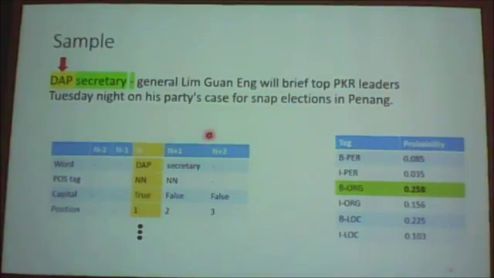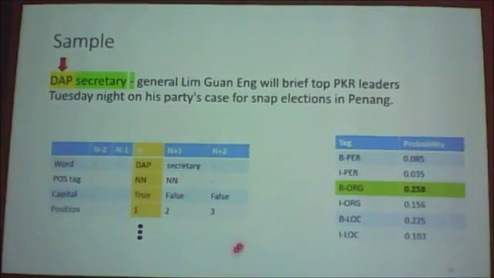Here is a clearer picture. For example, when we are at the first word, let's say the window is the 4 words around it. You generate features according to the surrounding words. JP is a noun, capital letter yes, the position, and other different types of features which are not written here.